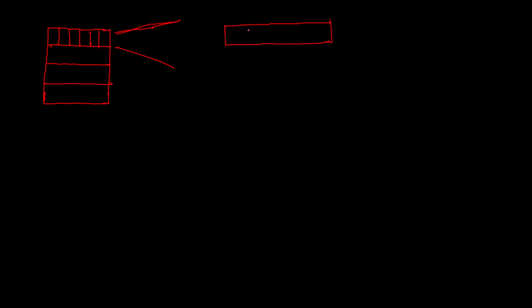Let's take a smaller one, only 4 bits. A memory location contains 4 bits. Each and every address can store 4 bits of data. What is the maximum value that I can store over here?